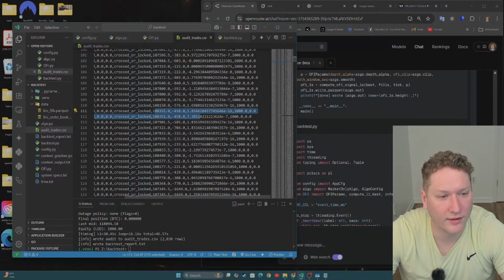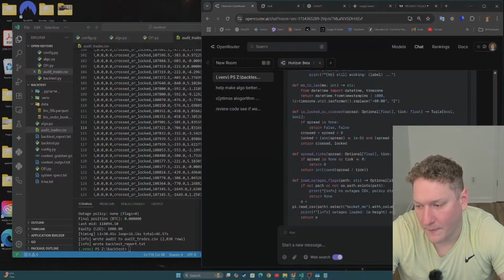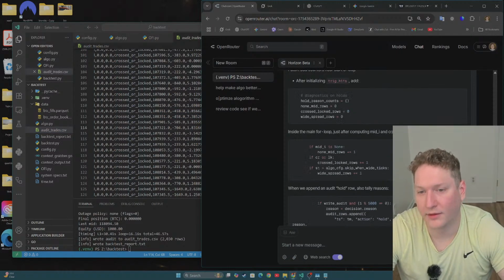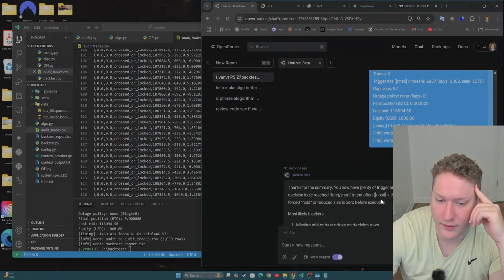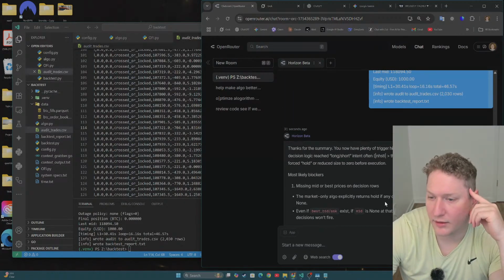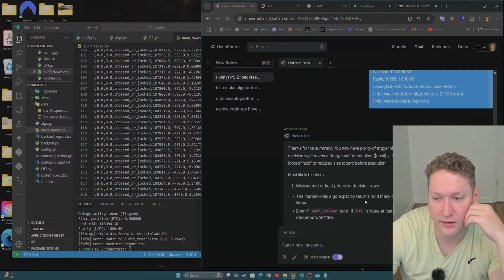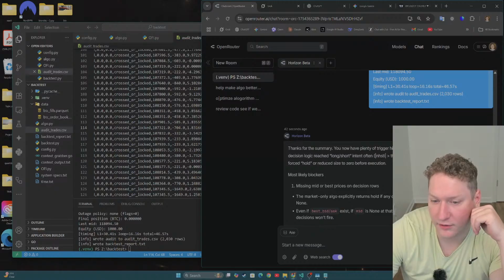So there's definitely some feature in there, but it's not what's going on here. You now have plenty of trigger hits, but zero trades. That means that decision logic has reached long or short intent, but something later forced hold or reduced size. Okay.